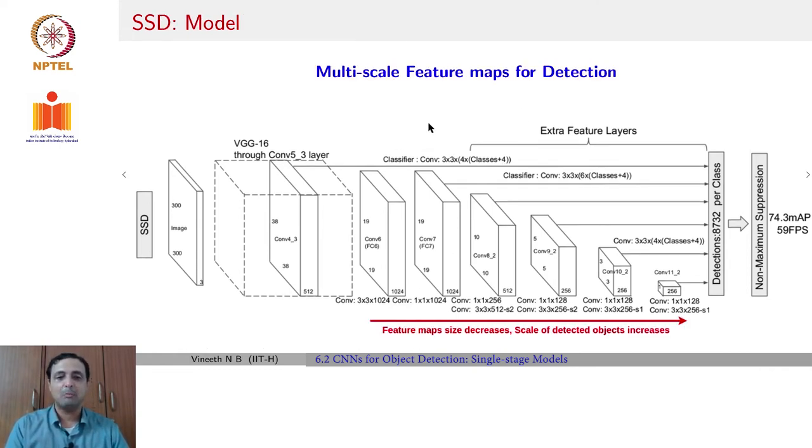So you have multi-scale feature maps for detection, because you are sending these convolutional feature maps directly to the output, these ones directly to the output. So the output layer receives the feature maps from convolutional layers of different scales. That's why multi-scale feature maps.